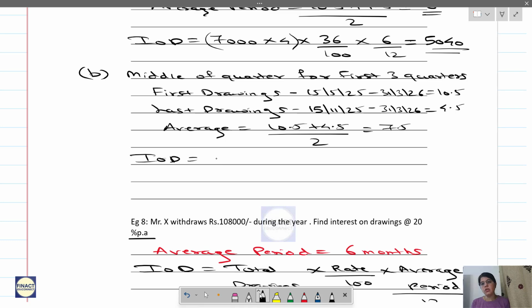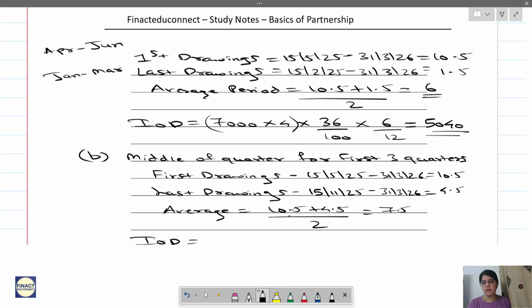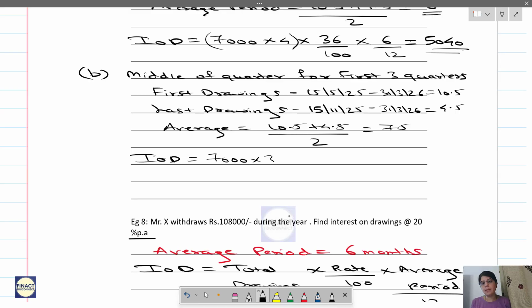So interest on drawings is your total drawings for the year. Total drawings for the year, see, 7,000, the same amount is withdrawn. So 7,000 is withdrawn for 3 quarters. So 7,000 into 3 into rate by 100, 36 by 100, into 7.5 by 12.